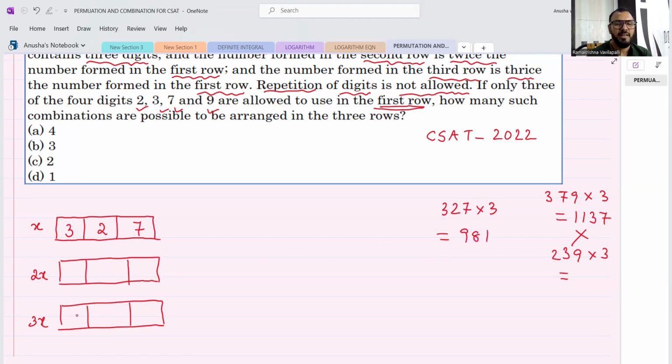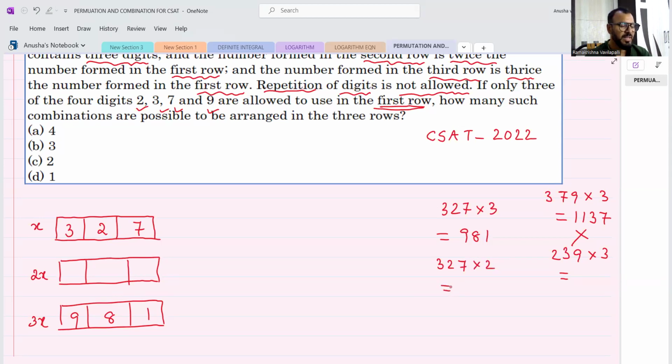All right. Okay. And what is 327 into 2?